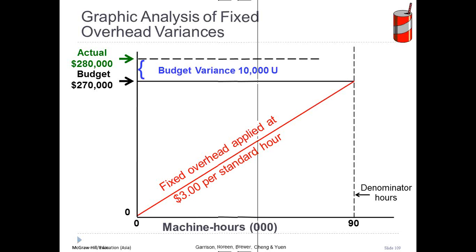The vertical distance between the budgeted fixed overhead line and the applied fixed overhead line represents the fixed overhead volume variance of $18,000. Since the budgeted fixed overhead is greater than the applied fixed overhead, the volume variance is unfavorable.